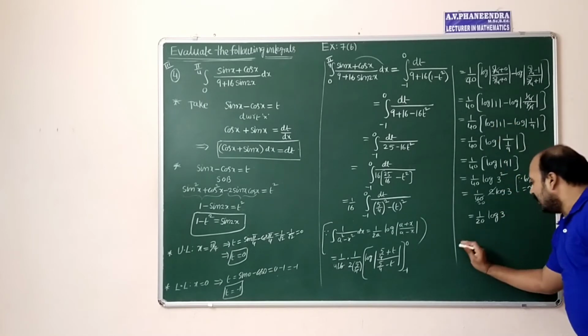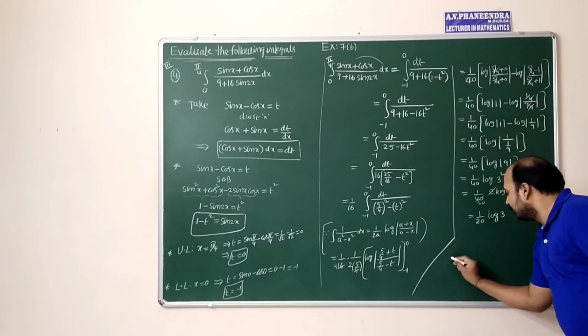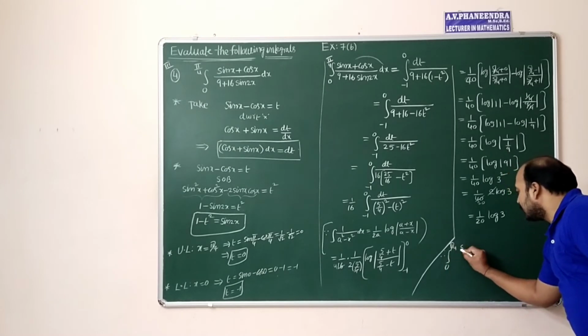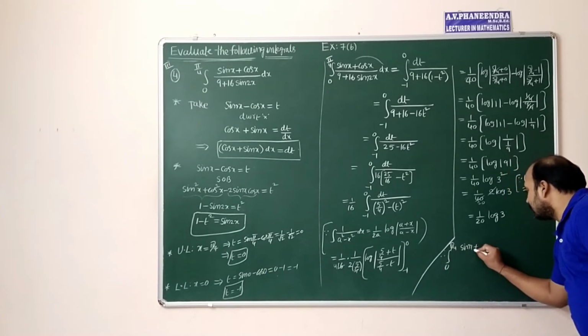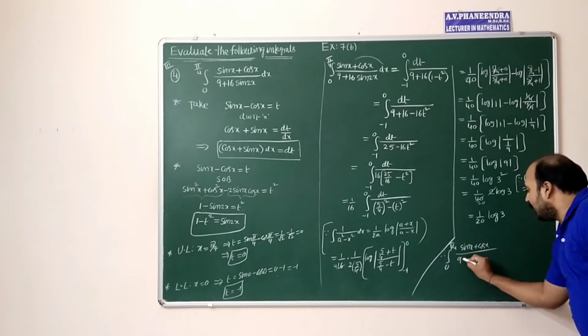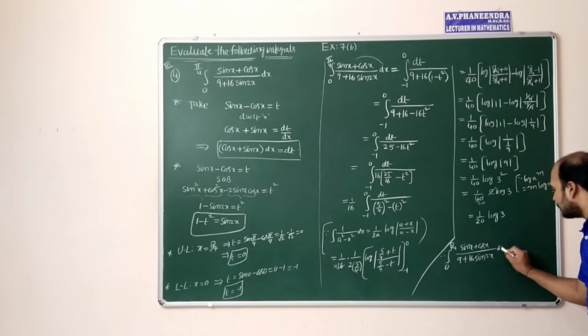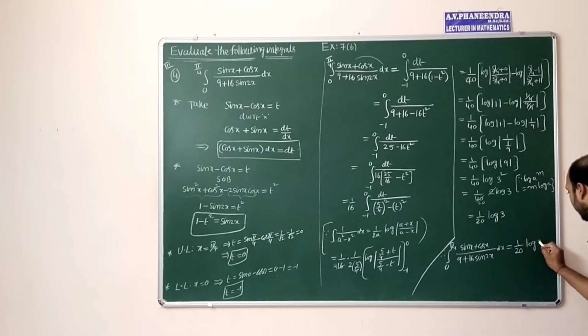Therefore, the given integral 0 to pi by 4 sin x plus cos x divided by 9 plus 16 sin 2x into dx equal to 1 by 20 into log 3.